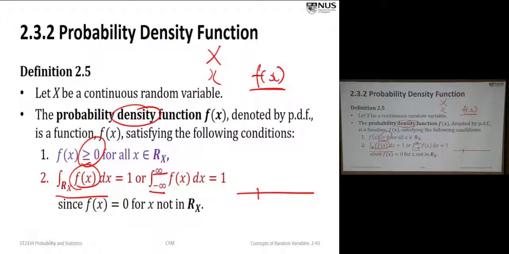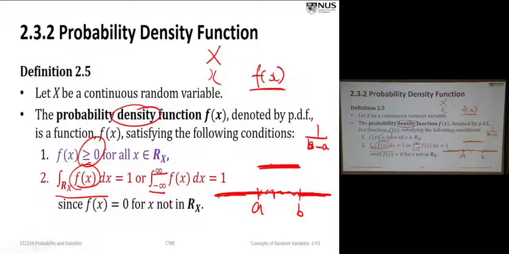Maybe the easiest case is between A and B. So x takes values here, and the number f of x associated with any value between A and B will be just a constant, in fact, 1 over B minus A. So for any number here, I will consider f of x to be 1 over B minus A, so that it will be like this. Outside the interval A and B, f of x is defined like that.